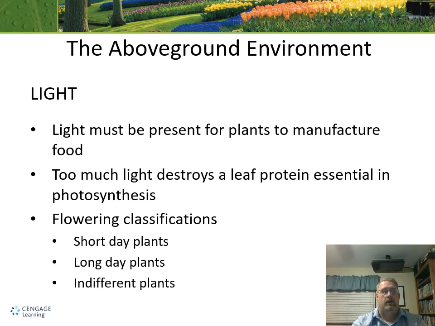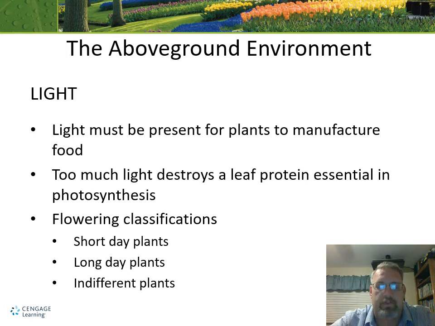Okay, light. We talked about this a little bit, but light must be present. It's the energy source that creates the sugars for a plant. If we have too much light, though, it can destroy leaf proteins and actually will create almost like a sunburn or a sun scald within the plants.